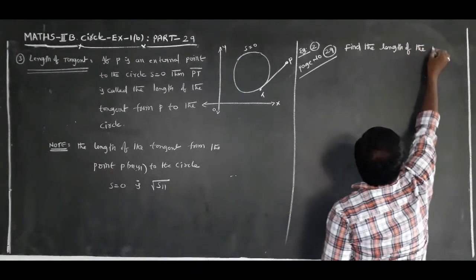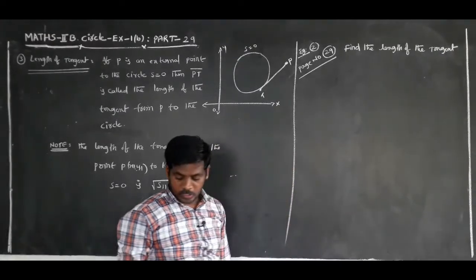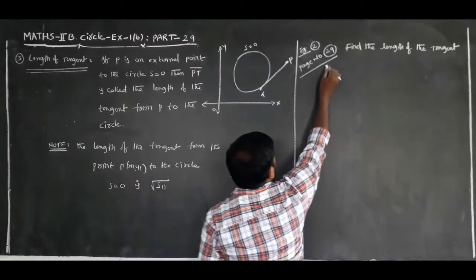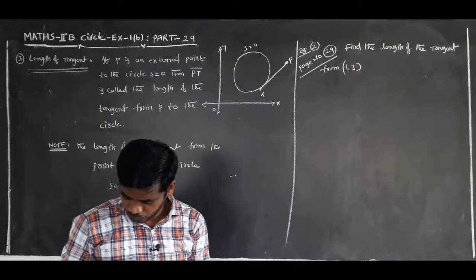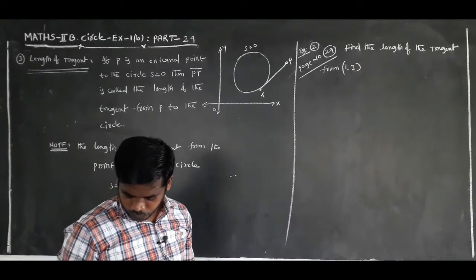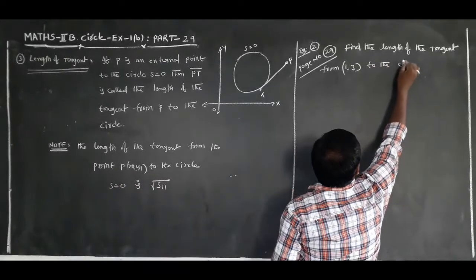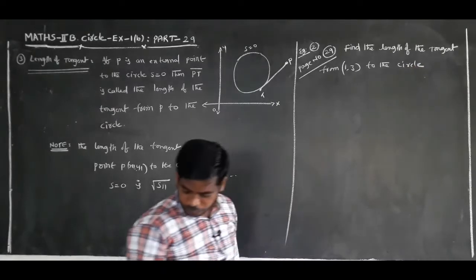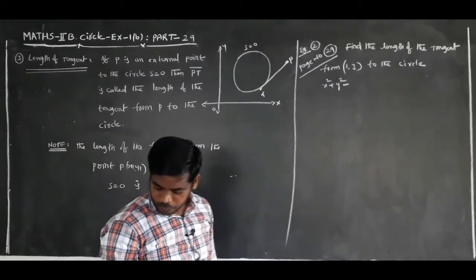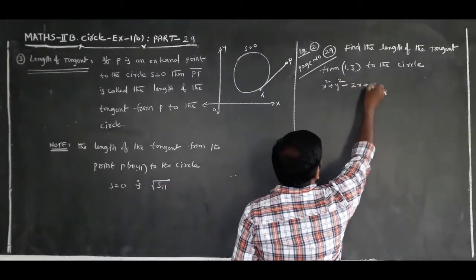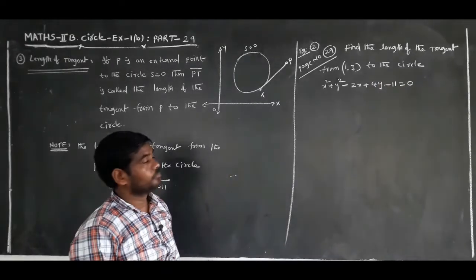Find the length of the tangent from (1, 3) to the circle x squared plus y squared minus 2x plus 4y minus 11 is equal to 0.